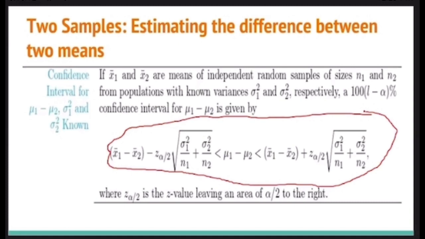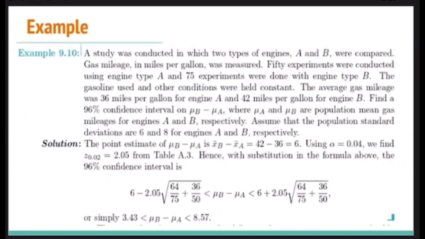If there's no question about the formula, I'm going to walk you through an example of this. Let's take a look at it. A study was conducted in which two types of engines, A and B, were compared.